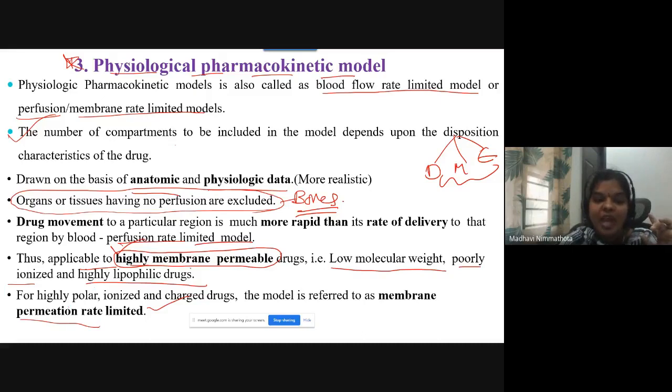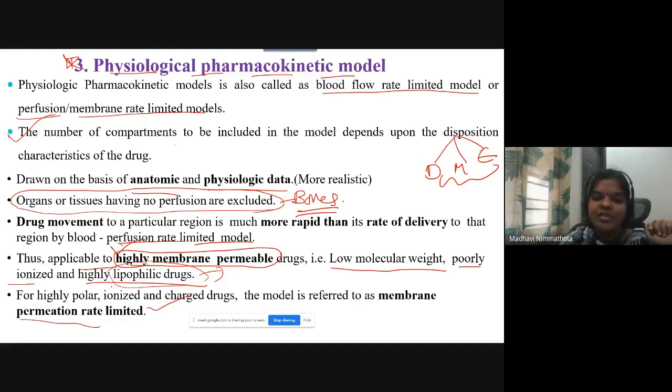In the case of highly lipophilic drugs, these drugs will travel through the membrane easily, because lipophilic drugs have lipid solubility, and your membranes are also made up of lipids. We already studied the composition of the cell membrane in the first unit, and it has lipids.